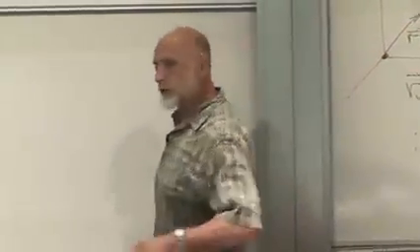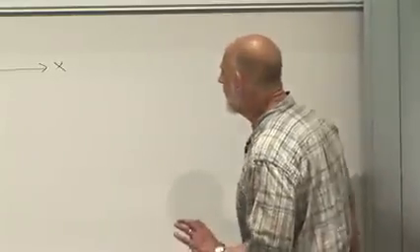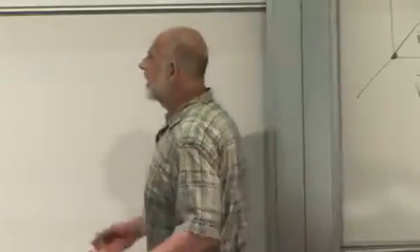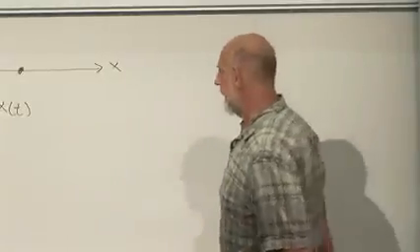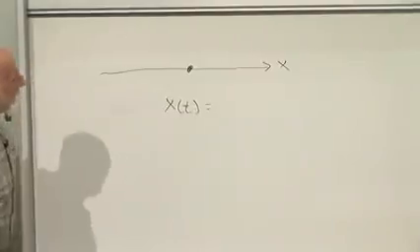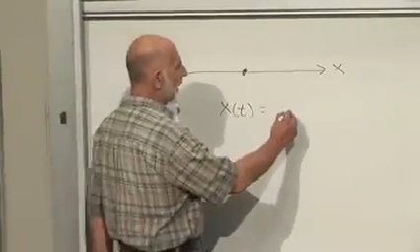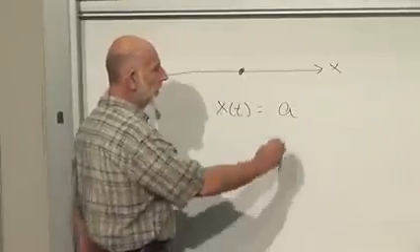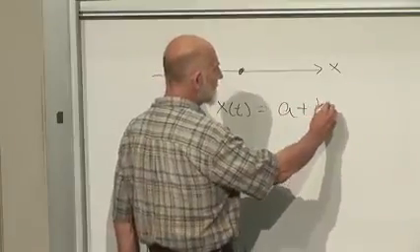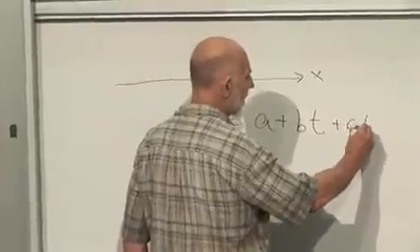It is a one-dimensional vector, but one-dimensional vectors are too trivial to even call vectors. Just x of t. And let's, as an example, write down a particular formula for x of t. We're going to assume x of t is a constant, some number a, plus b times t plus c times t squared.